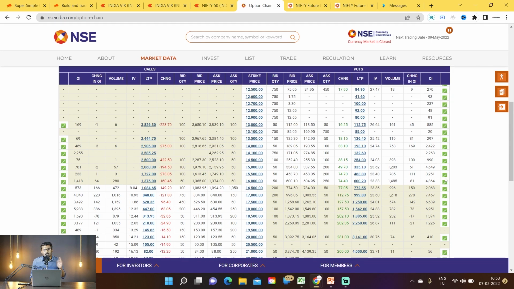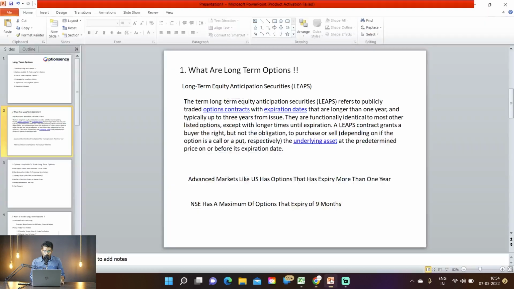For example, Alice Blue doesn't allow you to sell options which expire even in December 2022. At least Zerodha is allowing it, but Alice Blue and others don't. So these are all the issues you will face in long-term options. Anyway, we will talk about that briefly.